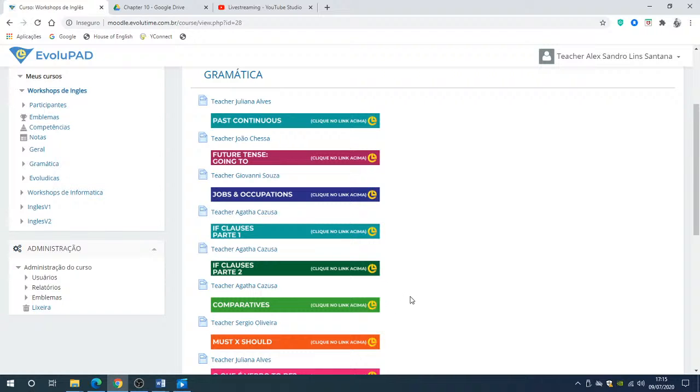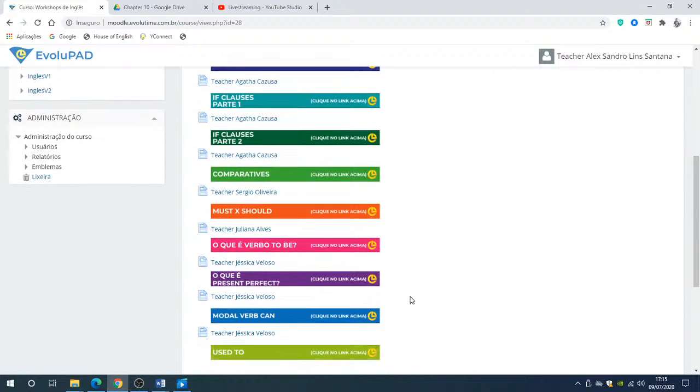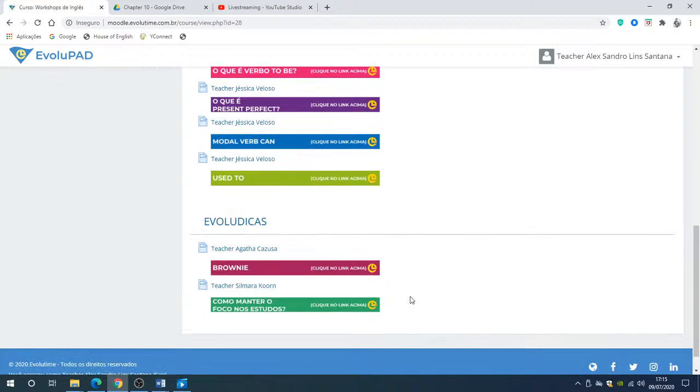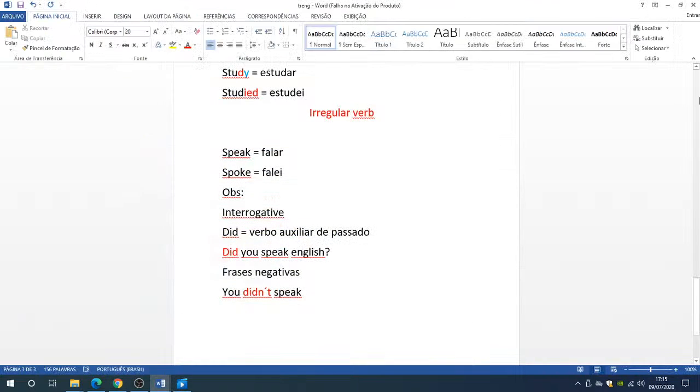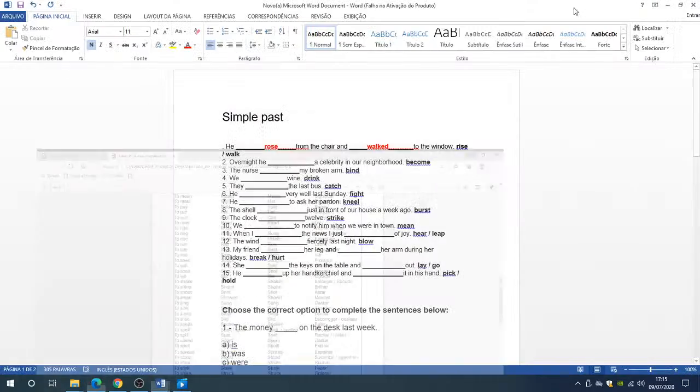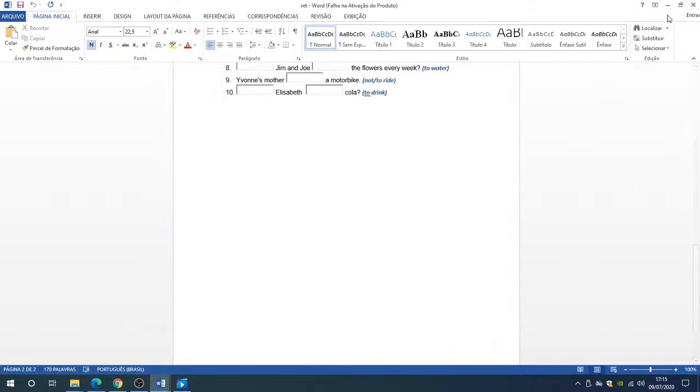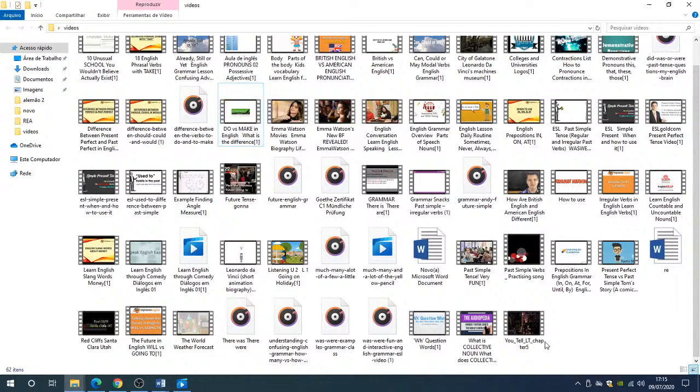Não tem. Mas eu tenho ele aqui. Então vamos ver um pouco do passado simples antes de fazer o exercício. Não, passado simples sem música, pelo amor de Deus.